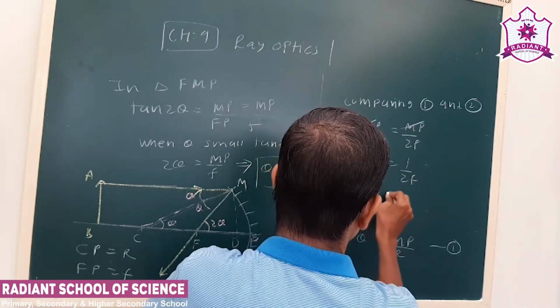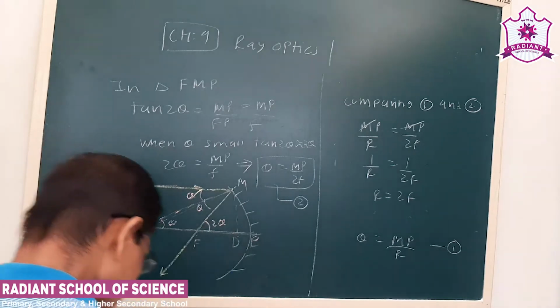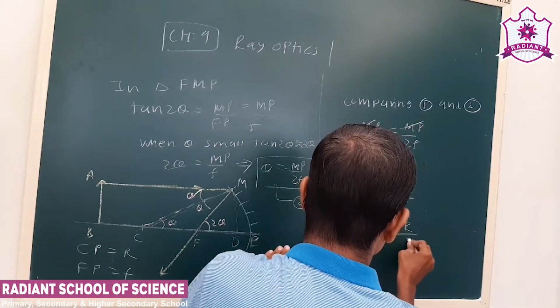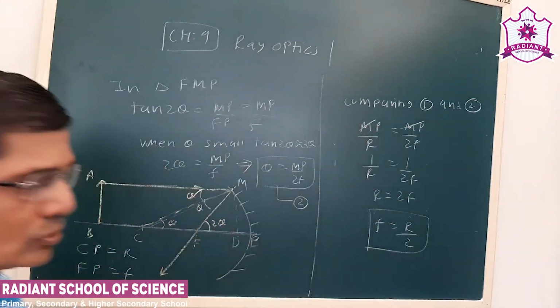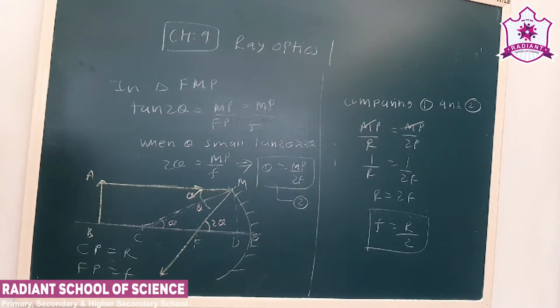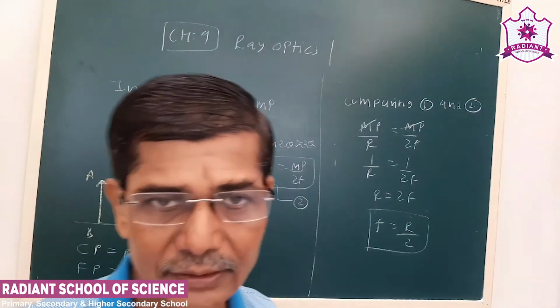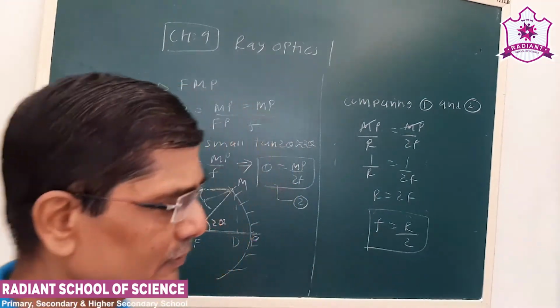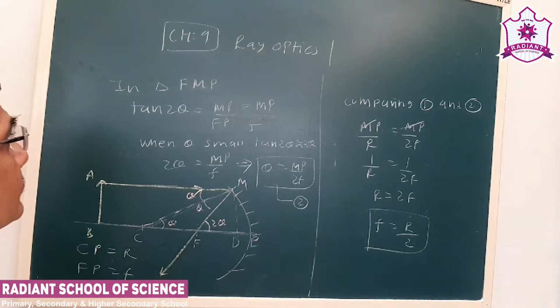If I take the reciprocal, R is equal to 2F or F is equal to R by 2. So the focal length of a concave mirror or a convex mirror, that is a spherical mirror, is half of the radius of curvature. So this is about the relation between focal length and radius of curvature.